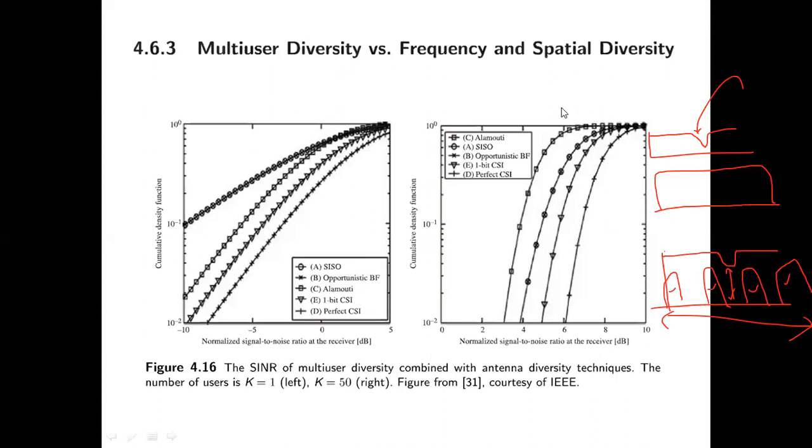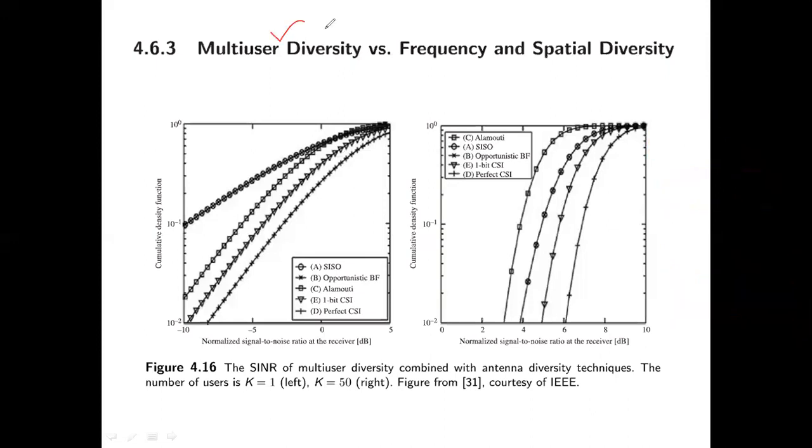Now let us talk about multi-user diversity. Multi-user diversity is a case where, say, there is a single tower here, there is user 1, user 2, and user 3 here. Unfortunately, on some fine day, out of these 3 users, suppose this user is having very poor signal to interference ratio characteristics.